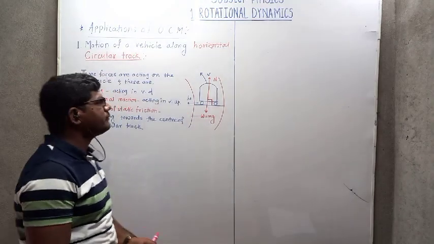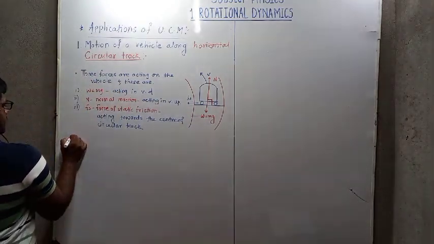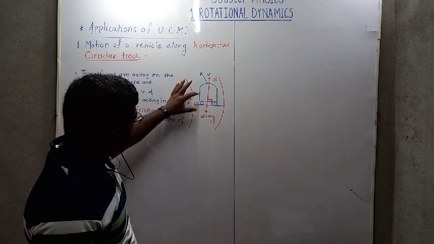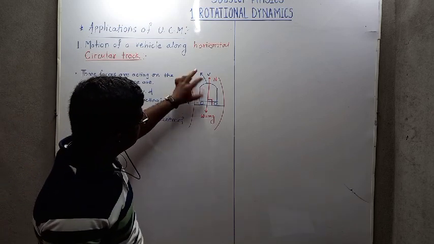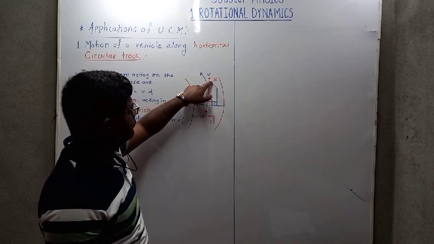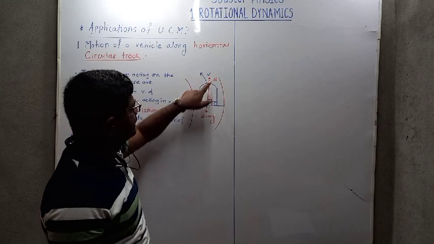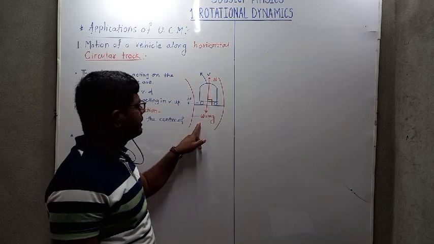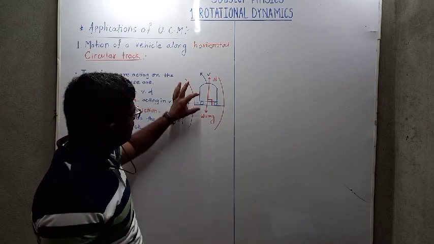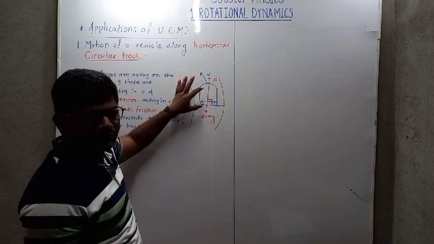Here it is found that the vertical upward normal force is balanced by the vertical downward force W. That means they balance each other.